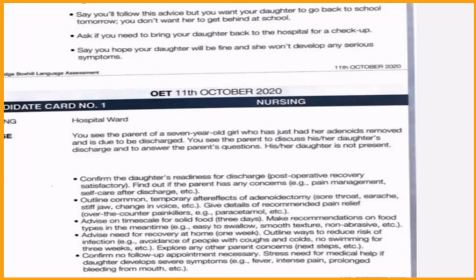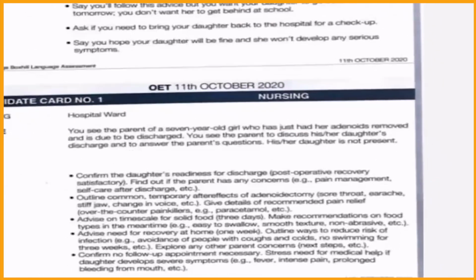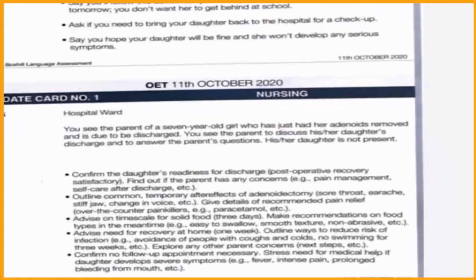Okay, so listen, I'm going to build up the sentence. So where did I end? The mother said that I want my daughter to go back to school tomorrow itself, isn't it? So you don't agree. So how do you say? Well, I'm sorry. She's advised 1 week of rest at home for complete recovery.